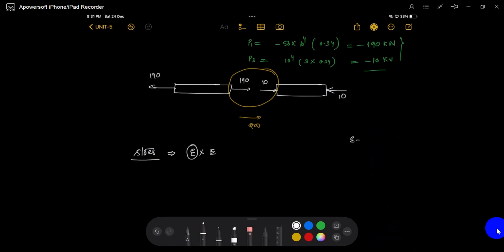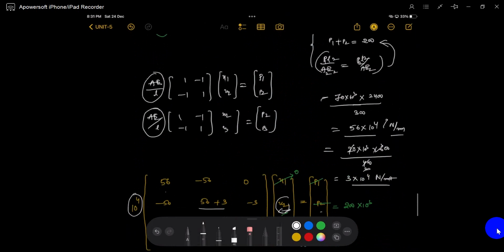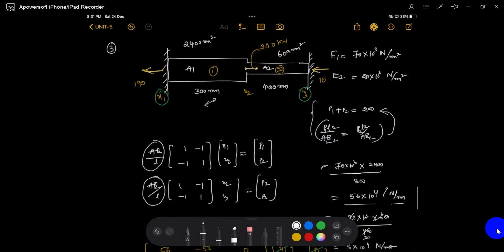Strain is displacement divided by original length. For the element 1, what is the displacement? Element 1 displacement is u2 minus u1. Understood? What is the displacement in the element 1? It means u2 minus u1.